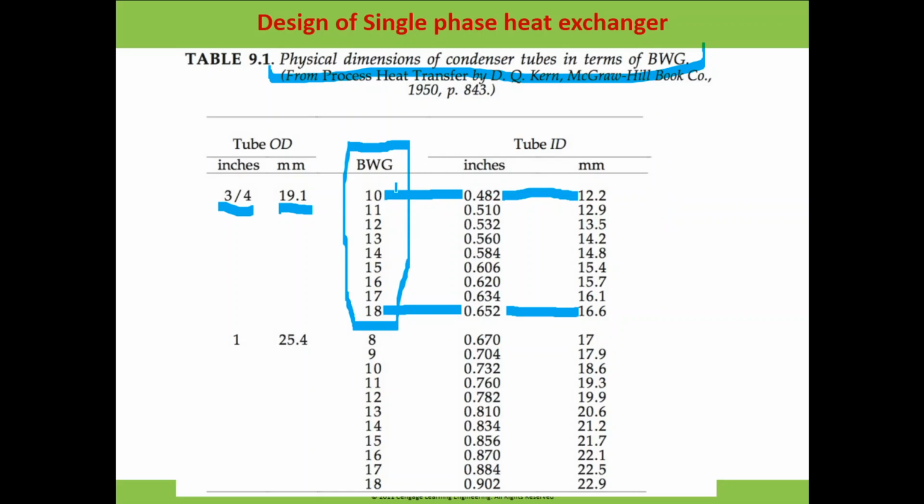Okay, so what is the effect of BWG? As the BWG is increasing, the inner diameter is also increasing. That means the tube thickness is reducing because the outer diameter is kept constant.